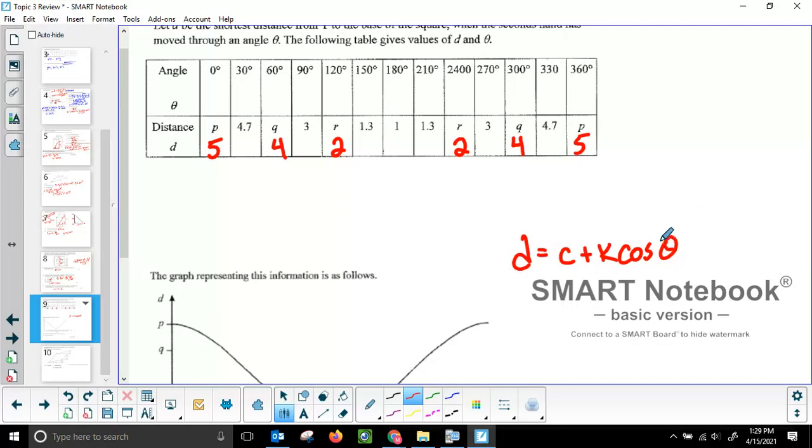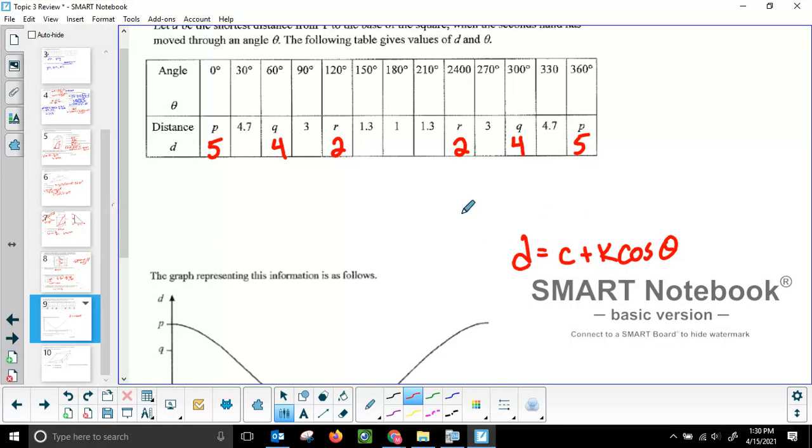Think of the unit circle. No, sine of 0 is 0. Cosine of 90 will be 0. Think of cosine as the x coordinate on the unit circle. In order for your x coordinate to be 0, you have to go straight up, which is essentially 90 degrees.